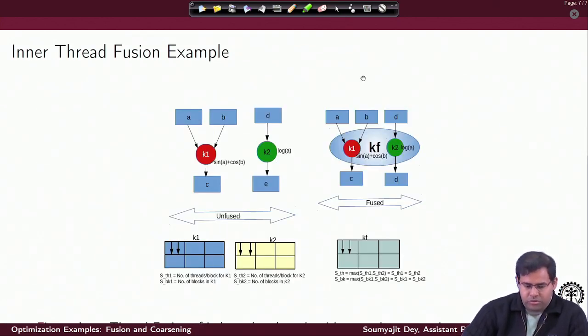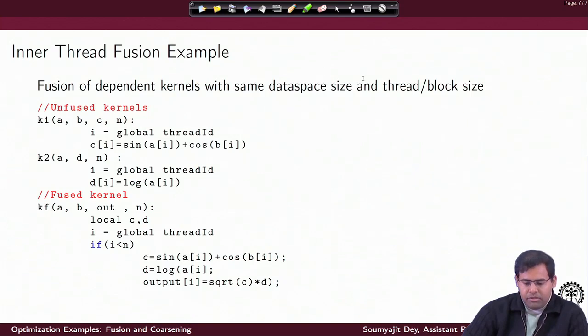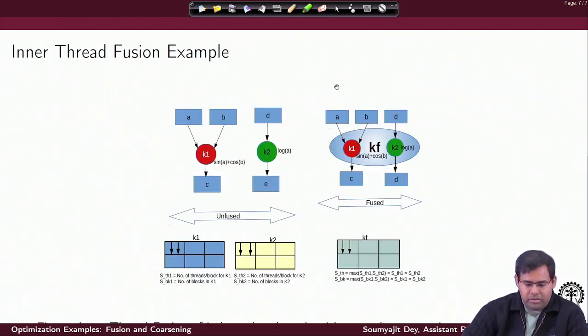So, this was a very easy piece of code, simply because the threads per block and the number of blocks are all the same across the kernels. Things look very simple here, right.